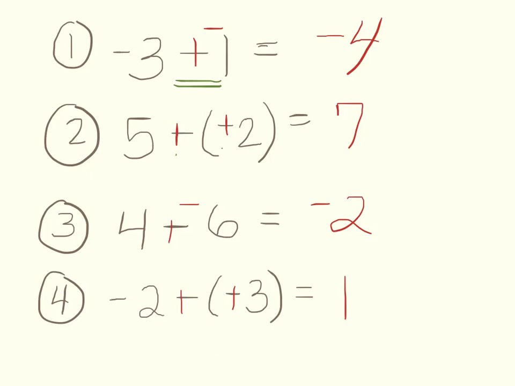Number 3, I change the subtraction to adding the opposite, so 4 plus negative 6 gives me negative 2. And for number 4, when I have negative 2 minus a negative 3, I add the opposite, which in this case would be positive 3. So negative 2 plus 3 would equal 1.